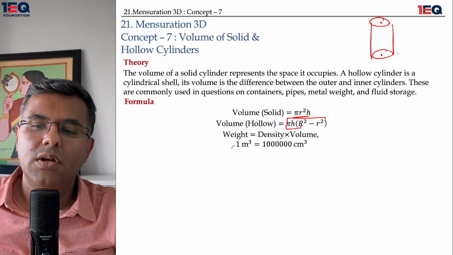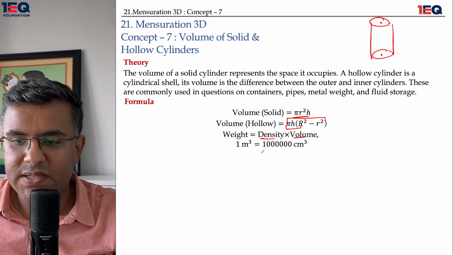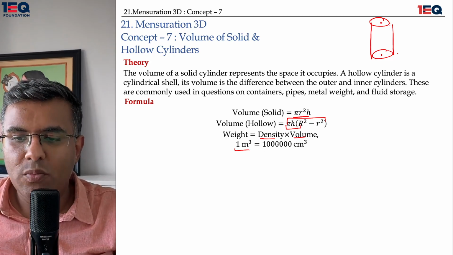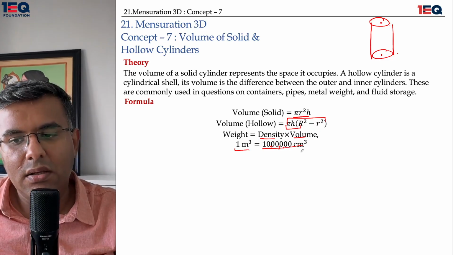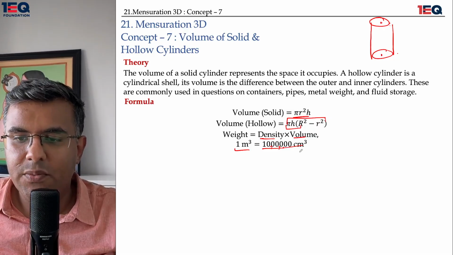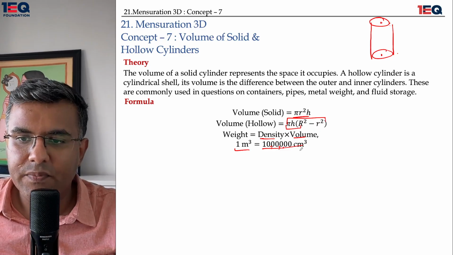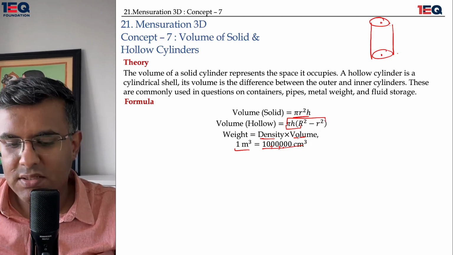So the weight is equal to density into volume. This is another formula which you must remember. And 1 meter cube of volume is equal to 10 lakh centimeter cube of volume. Do remember this. Okay, let's move on.